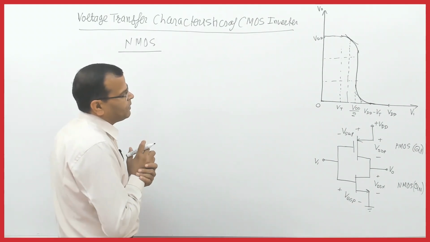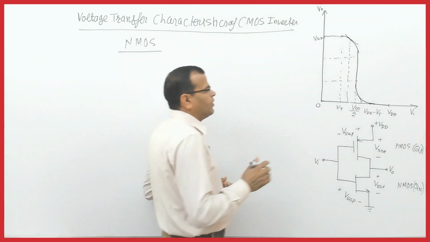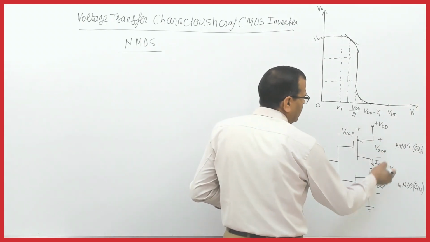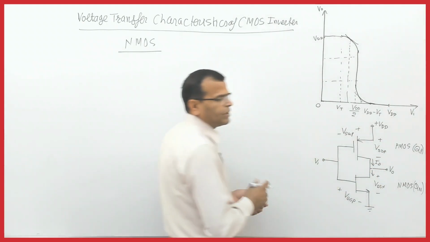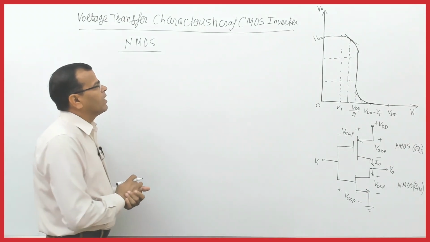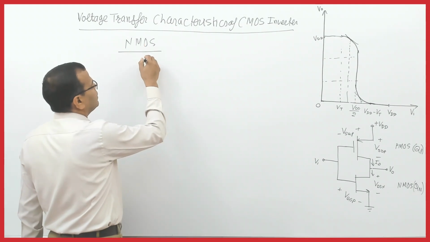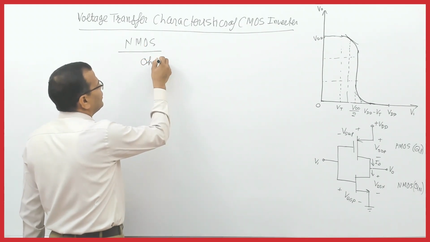Let us see the expression of drain current. The drain current is of course same for both the transistors, ID. Now, the drain current for NMOS, let us talk about ohmic region.